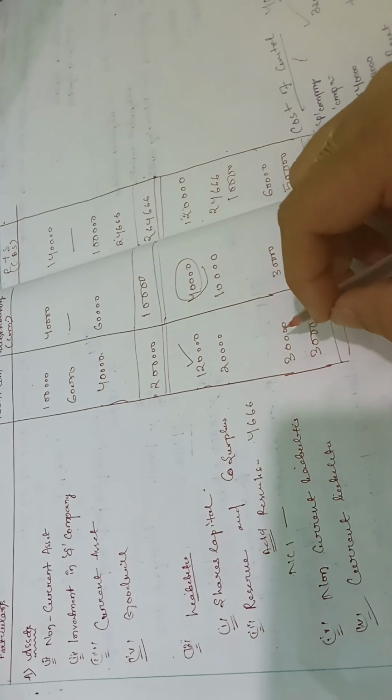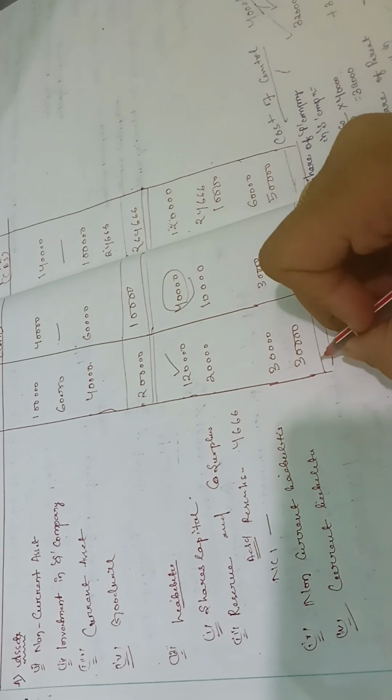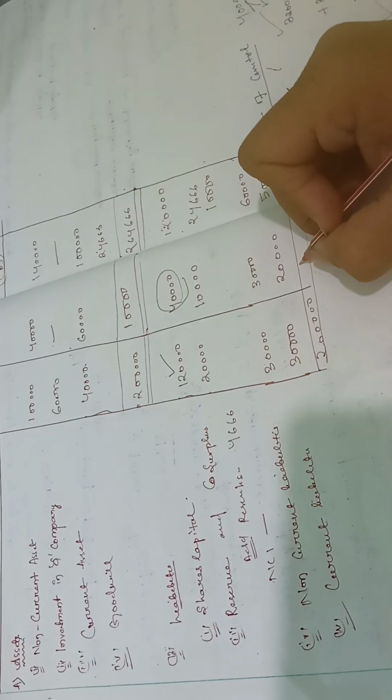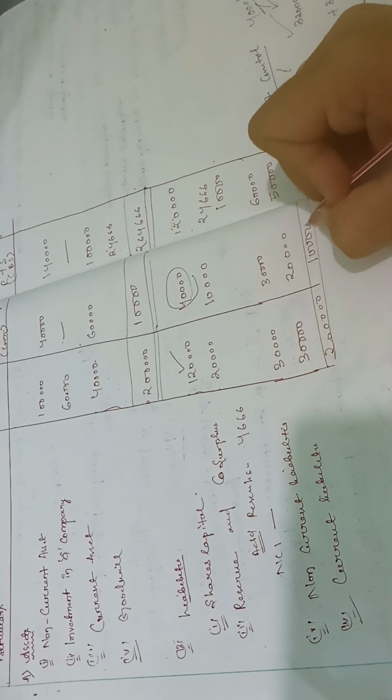Then 20,000, 140,000, 60,000, 2 lakhs, 40,000, 10,000, 20,000, 1 lakh.